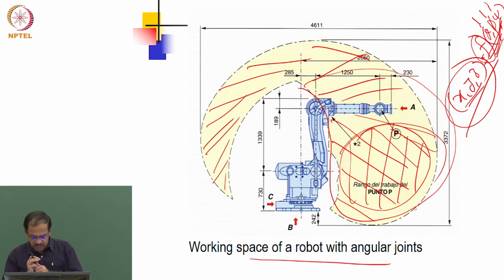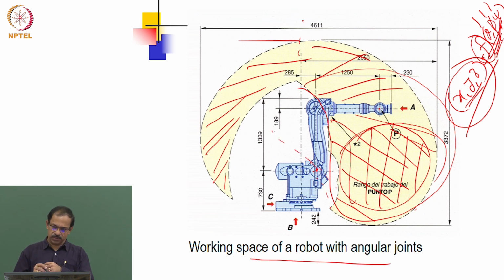Oh, sorry, in this case it is mentioned as center effector. No, this is for the wrist. No, the reason is that this joint, suppose you take this joint, you can actually come up to here, but here it is having a limit only up to here.